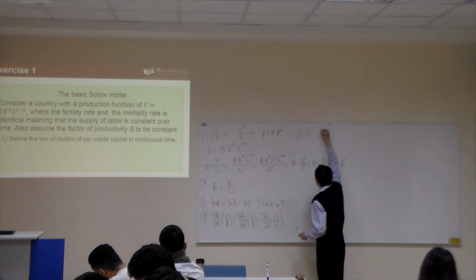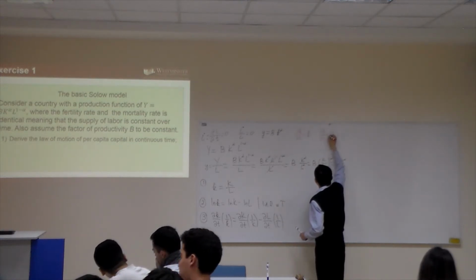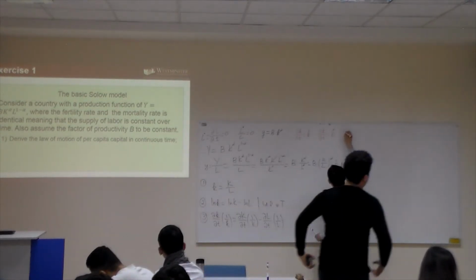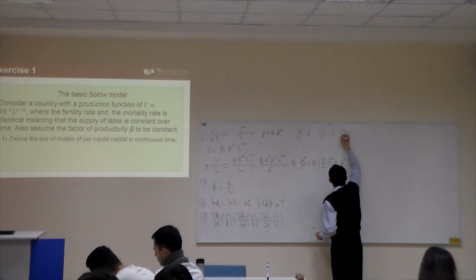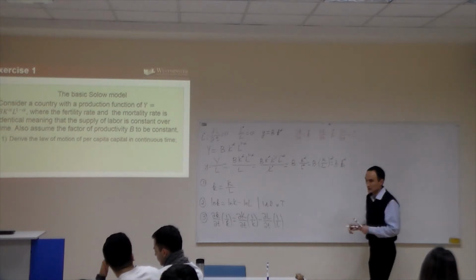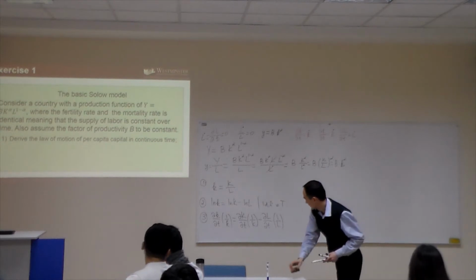Change in capital stock with respect to time, say it is K dot. And change in labor with respect to time is L dot. You just keep it because we will be rewriting it many times.